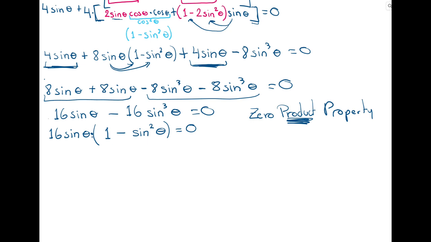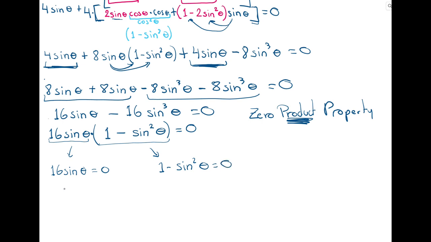So I have multiplied two things, the 16 sine theta, and the 1 minus sine square theta, and it gives me a 0. So I can split that, say 16 sine theta equals 0, and 1 minus sine squared theta equals 0.